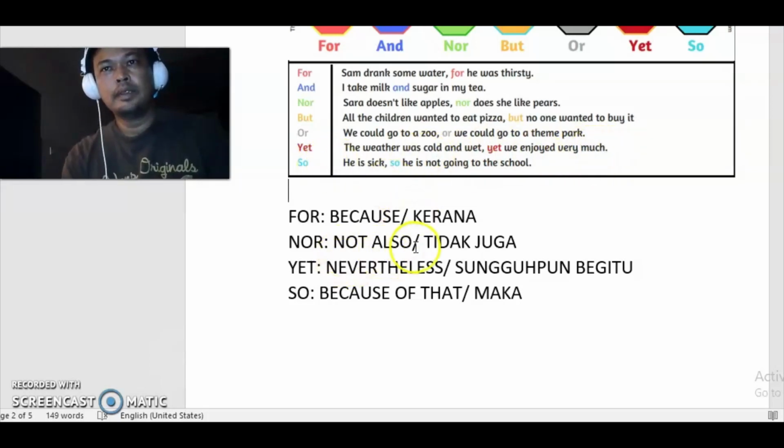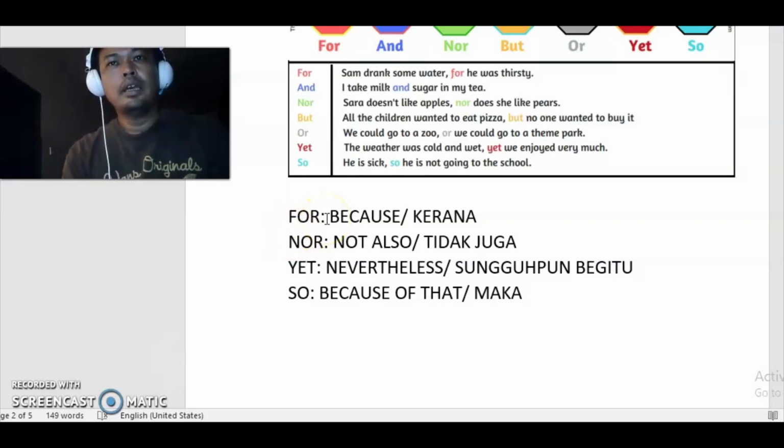Nor, tidak juga. Sarah doesn't like apples, nor does she like pears. Sarah doesn't like apples, tidak juga, she also does not like pears. Alright? So this is very important because you might get confused with for.